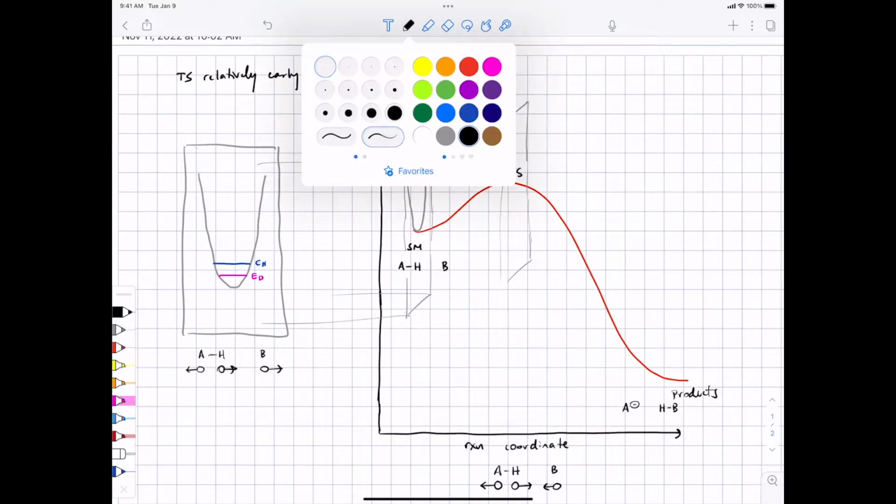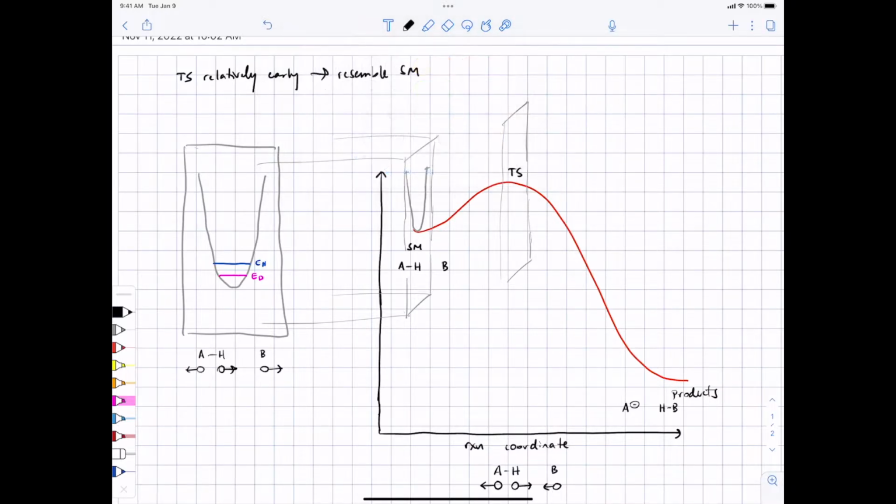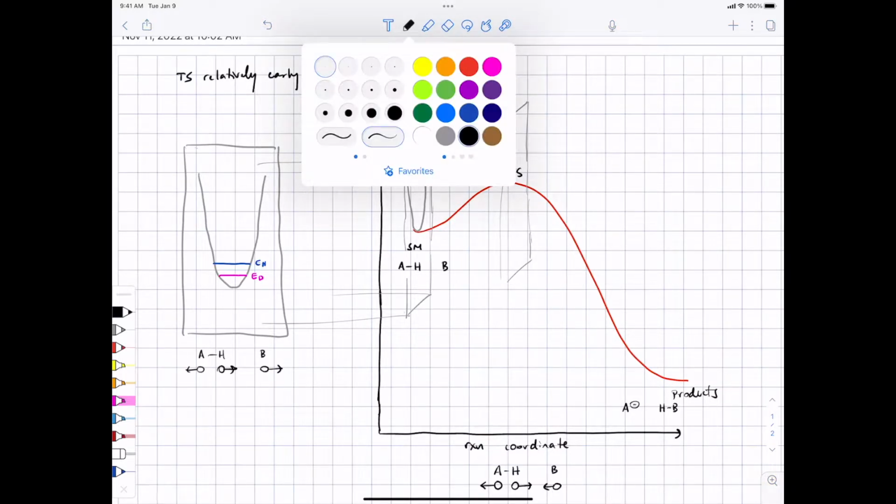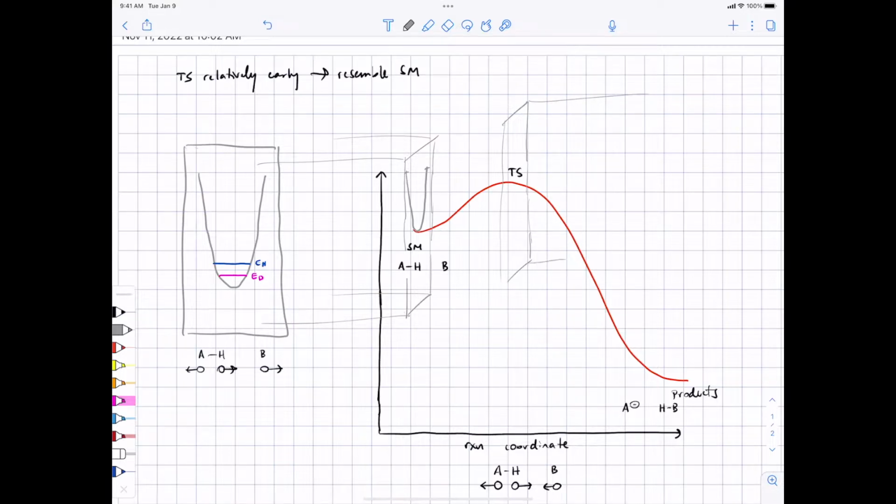So if we take the slice here and zoom in on it, if it's very starting material-like, then likely the same kind of vibration is occurring in the transition state as is occurring in the starting material.